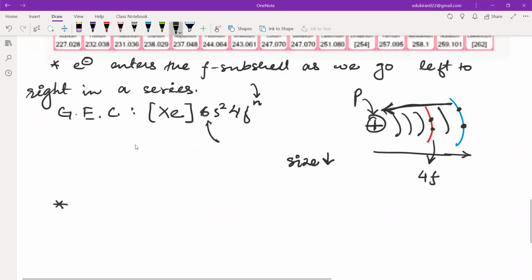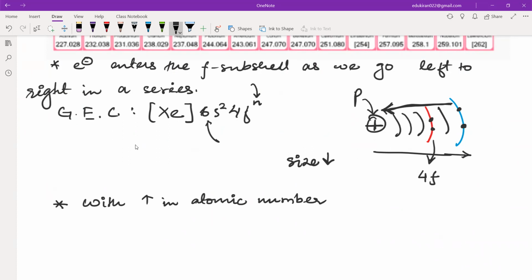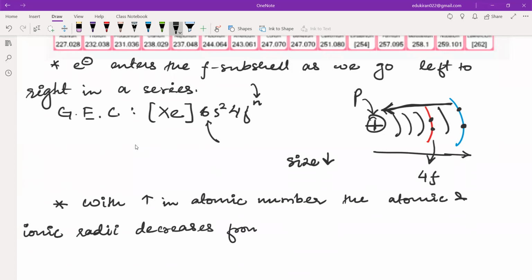What happens here? We'll write like this: with increase in atomic number, the atomic and ionic radii decrease from one element to another.